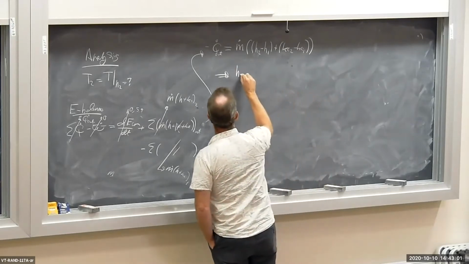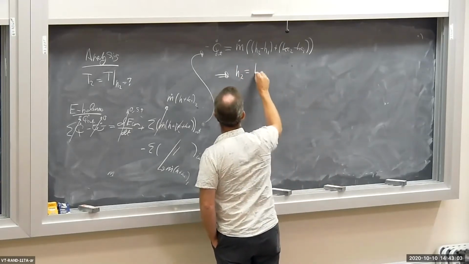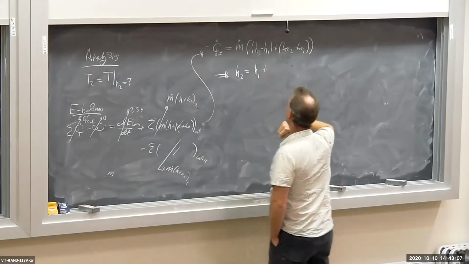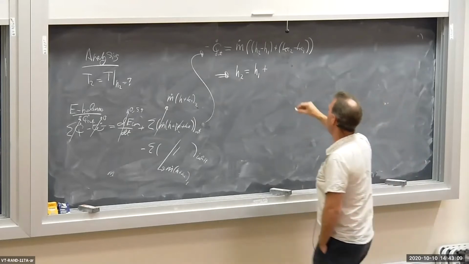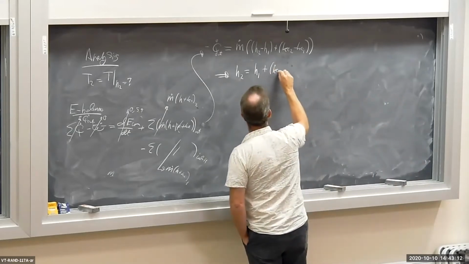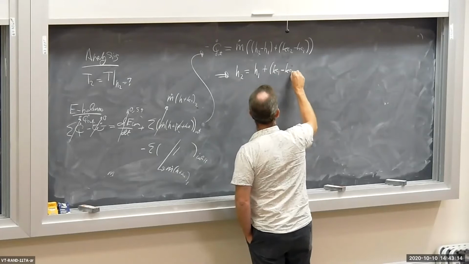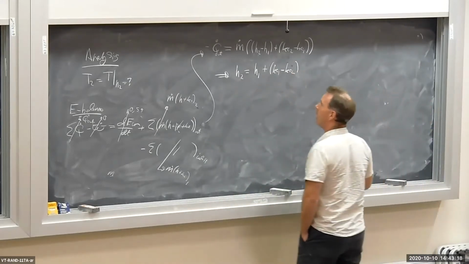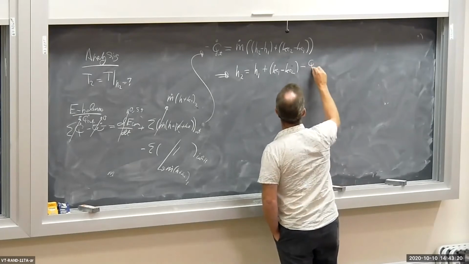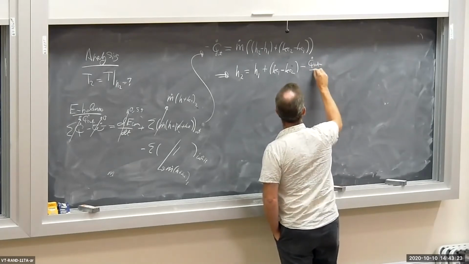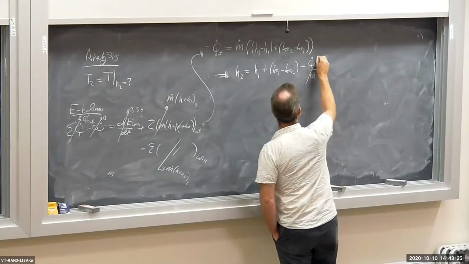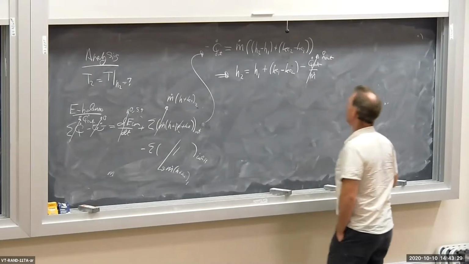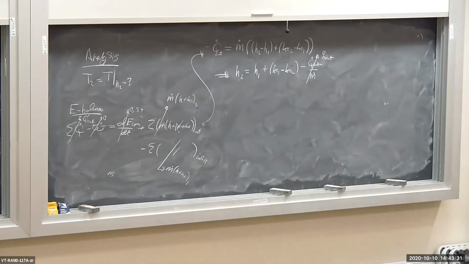So I'm going to have H2 equals H1 plus KE1 minus KE2, and then I have the negative Q dot out divided by m dot, which, by the way, is Q out. Q dot out over m dot is Q out.